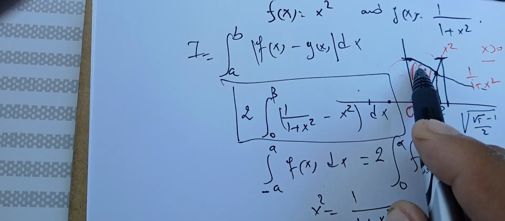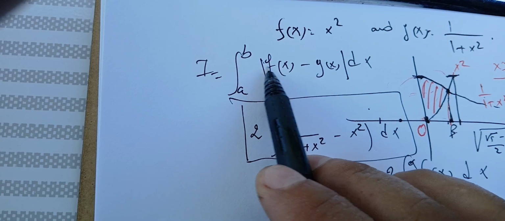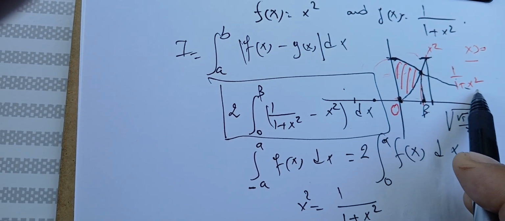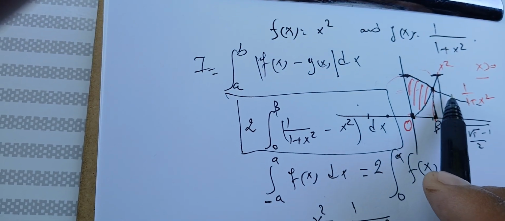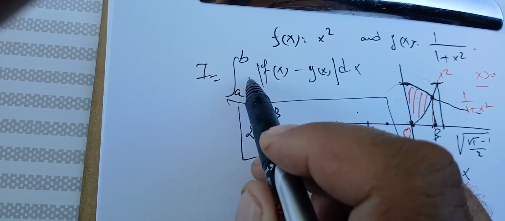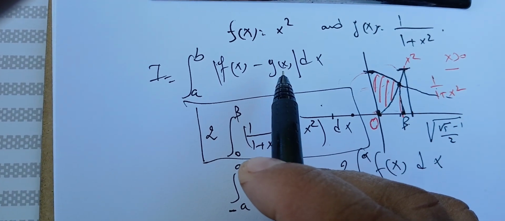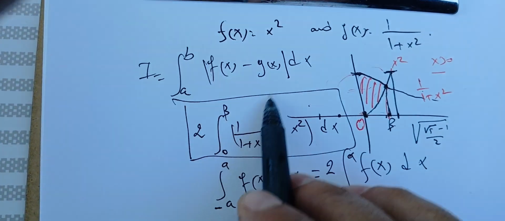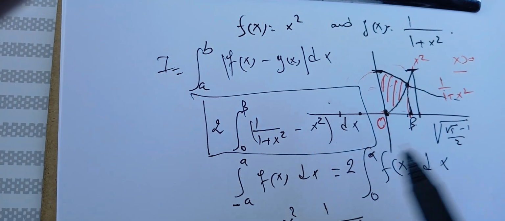Here, since this function is on top, we don't need the absolute value, because f of x in this case is 1 over 1 plus x squared, and g of x is just x squared, and the difference is positive. Sometimes g is on top of f, and we need a minus. That's why we need the absolute value. We're going to see more applications where we have to use the absolute value. For now, we see why we didn't use it. Thank you very much.